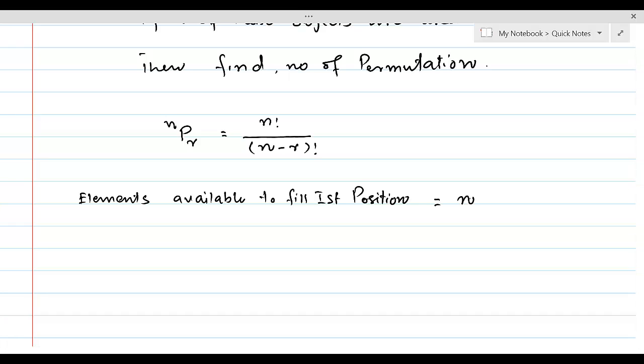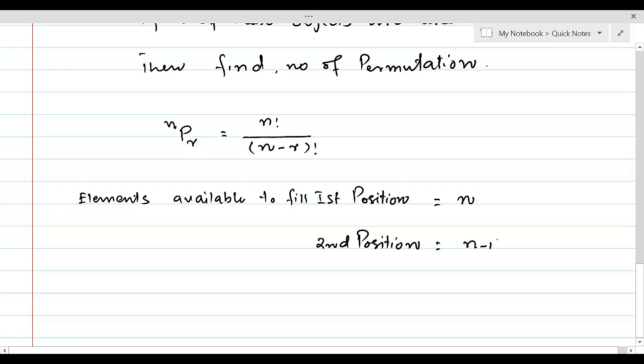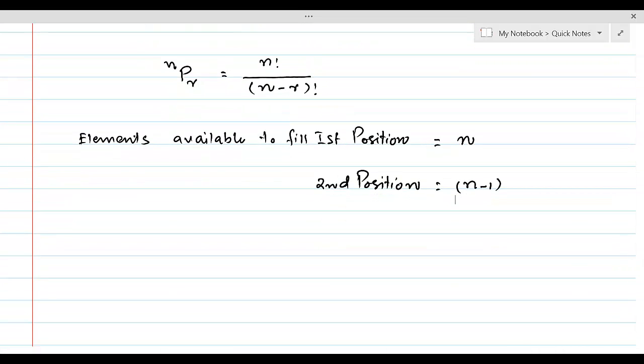But once this first position is filled up, then how many objects are available to fill second position? So for second position, the number of elements is equal to n minus 1 because one of them is already used. That's why we have one less than the total number of distinct objects.